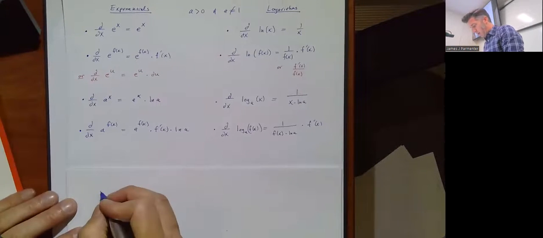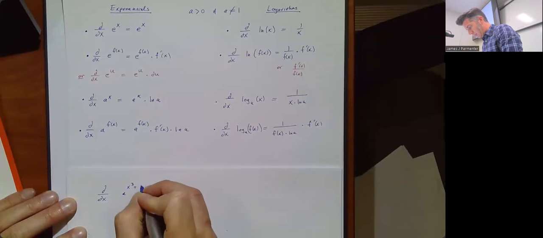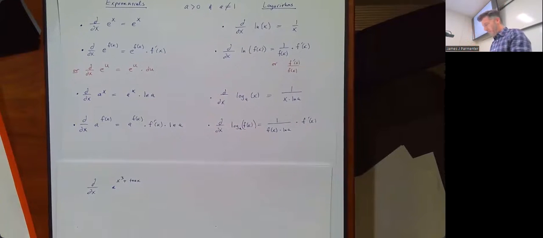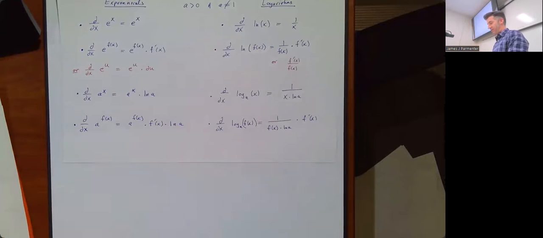If I wanted to find the derivative of a to the x cubed plus tangent of x, so a... Let's try that again. I didn't mean to pick a. I meant to pick a real number, not a pretend real number.